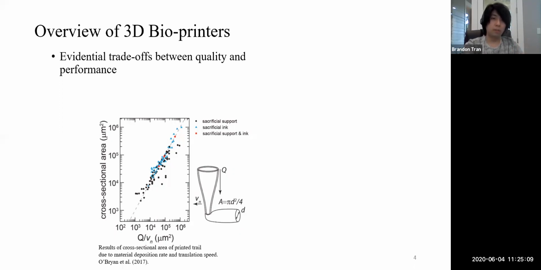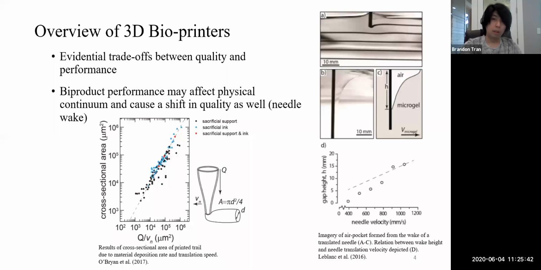You can see there's a linear relationship. Some show non-linear and some show basically non-existent patterns. But the general gist is that if you have a faster rate of deposition, and we keep the translation rate constant, then your cross section gets larger and larger. Some people want finer quality, so we want it smaller, but we also want to go faster. So there's a clear trade-off in performance there.